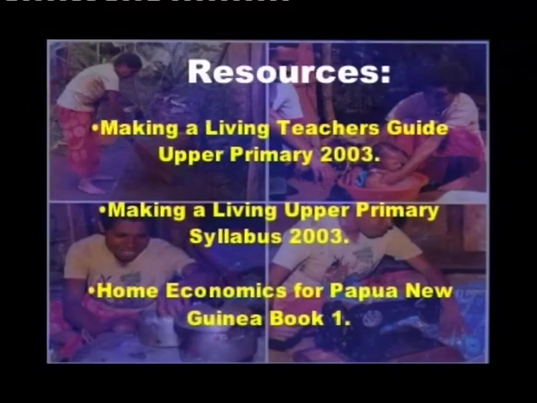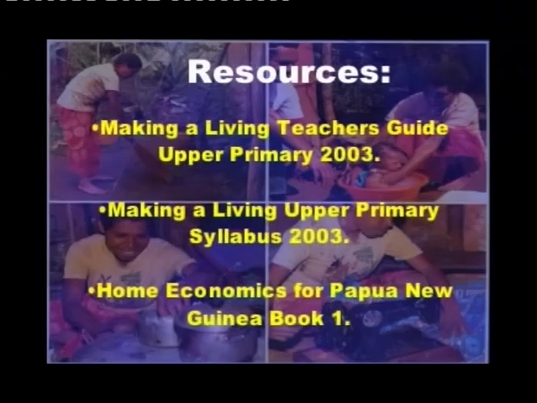Now, our resources for whatever we are going through, we have Making a Living Teacher's Guide, Upper Primary 2003. If I can have the class to read for us the next resource. The second one.